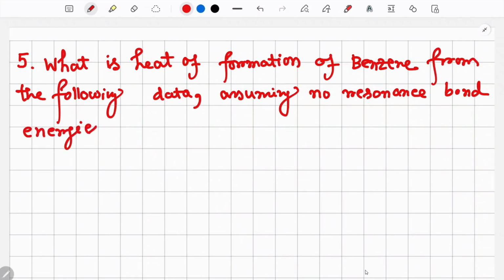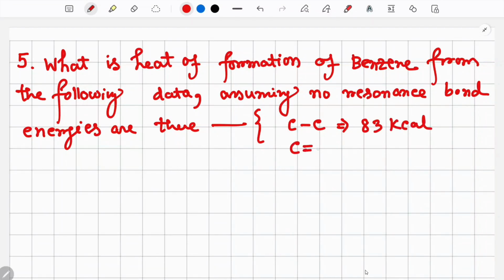So what are the data? The data are C single bond C, sorry, 83 kilocalorie. This is the bond energy, okay?